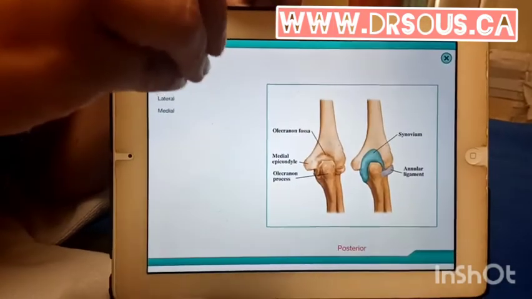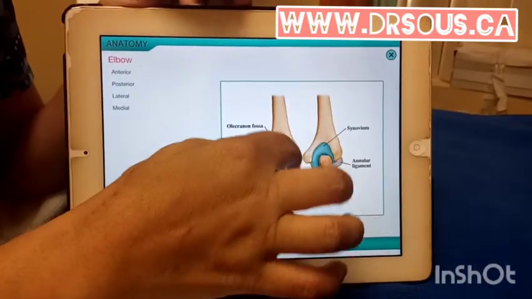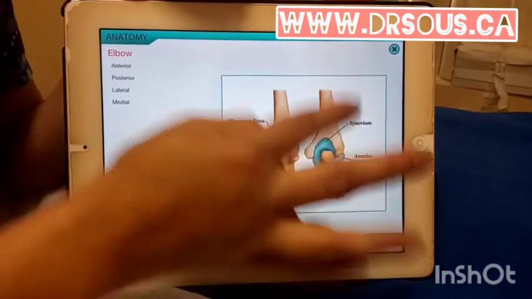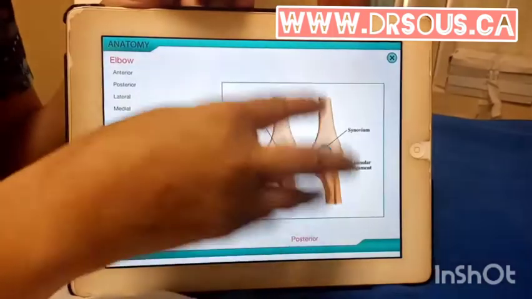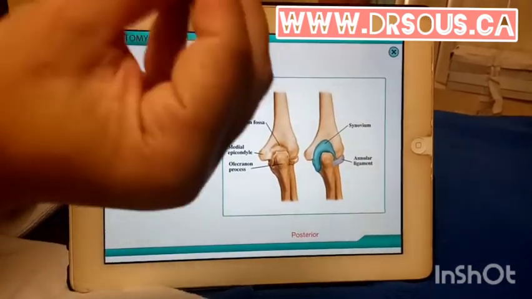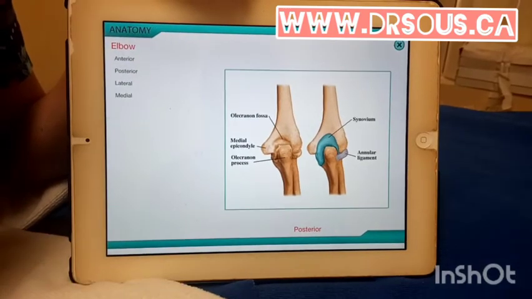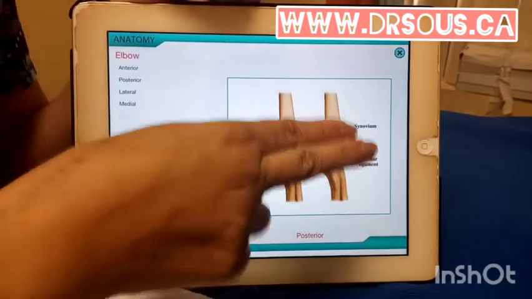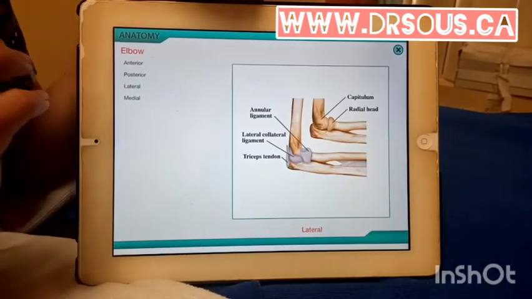We can see this, for example, in arthritis. We can see this problem when all the soft tissue around and inside here is gone. The bones come together, so when a person moves the elbow, knee, whatever, it's very, very, very painful because both bones come together.